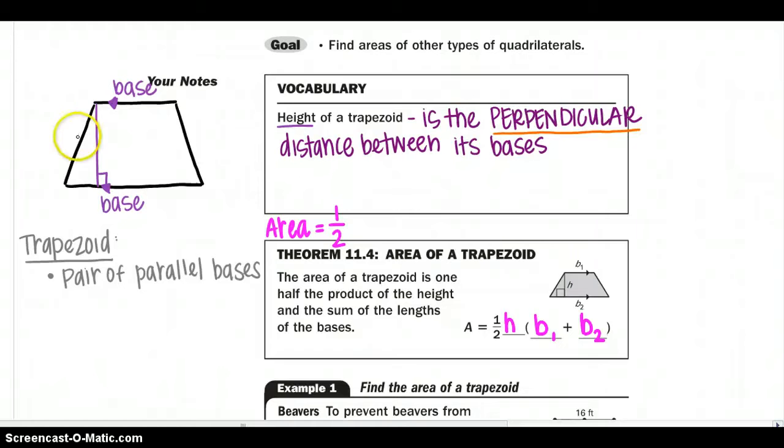So the area of a trapezoid comes from, if you recall, our mid-segment from before, the two midpoints of the sides. Well, if you drew, let's say, a rectangle through those midpoints, you would notice that the rectangle has an empty space here, but our trapezoid has the outer space.